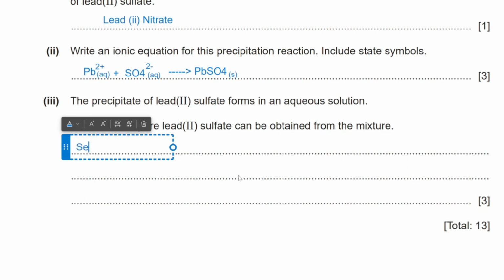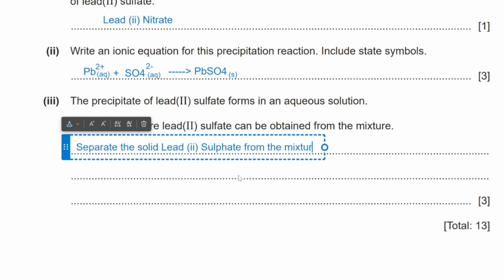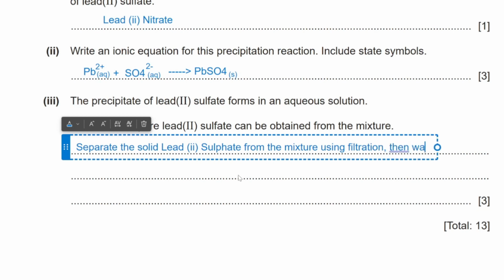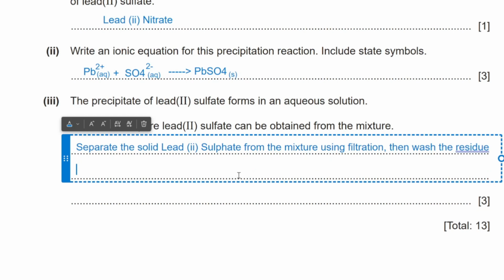Separate the solid lead(II) sulfate from the mixture using filtration, then wash the residue using distilled water, and then heat it on a low flame to let it dry. That's it.